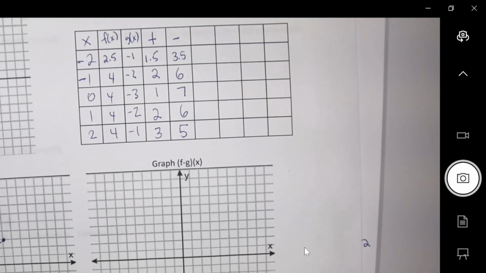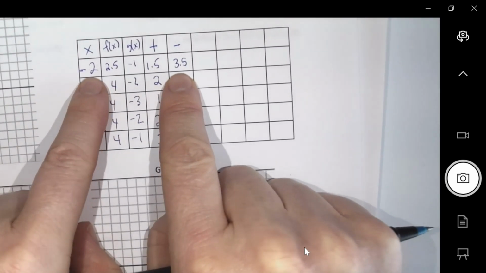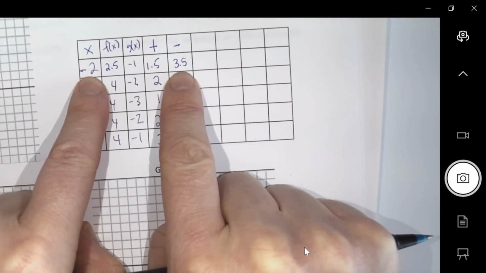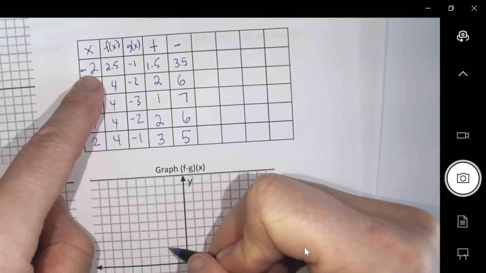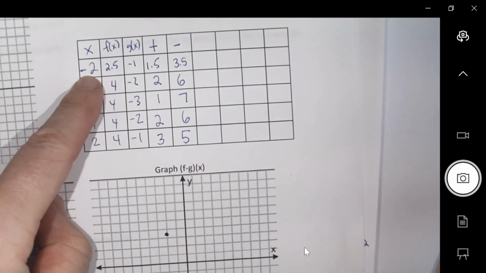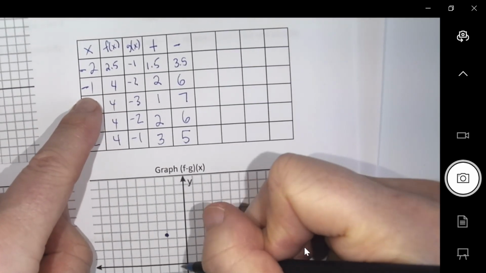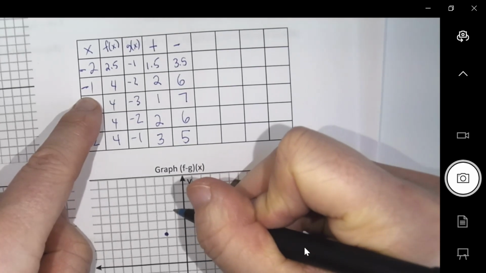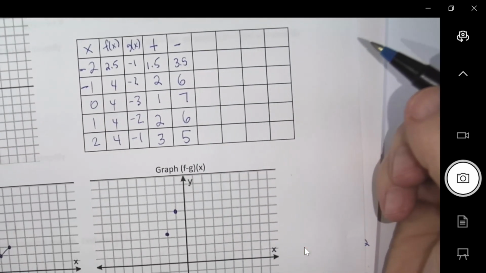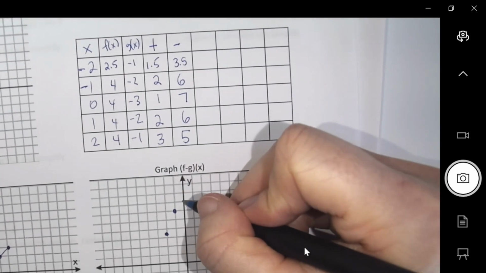Okay, so your coordinates are like this though. -2, 3.5. That's the first coordinate. -1, 6. 0, 7.